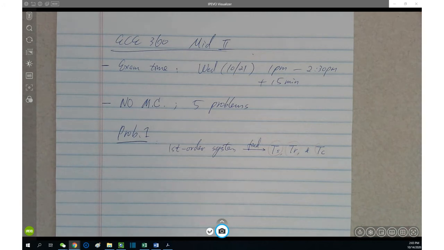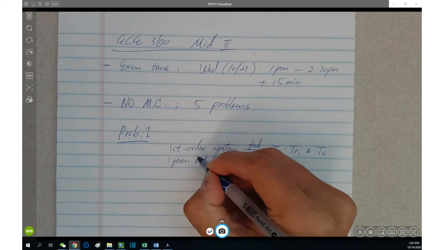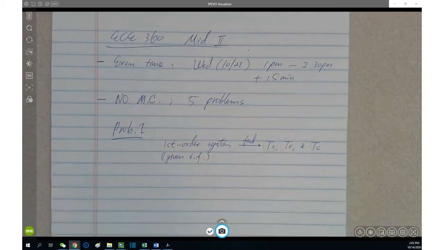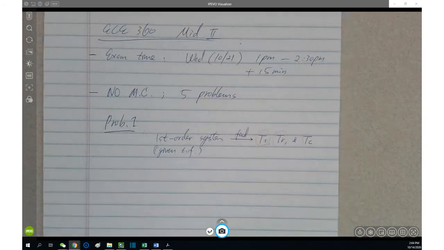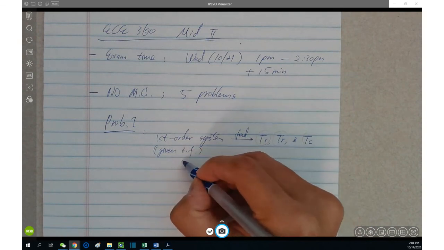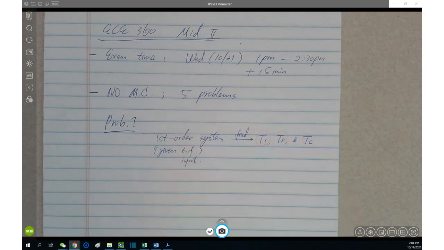Of course, the given is the transfer function. I have to give you the transfer function of this first order system, and also the specified input. Remember, your output, the so-called time response, is input dependent. So is the steady state error.